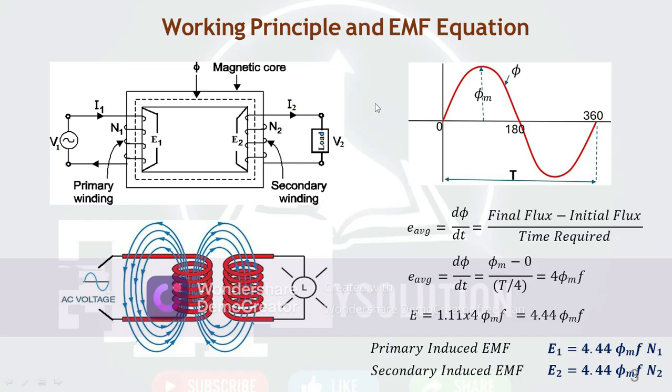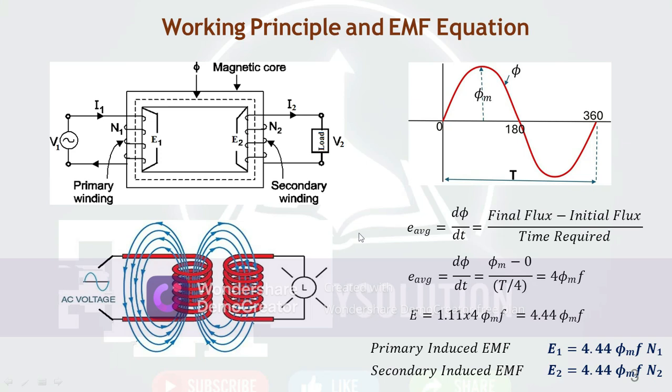Now we start the EMF voltage derivation in the primary or secondary winding. Here is the total period: the time required to complete one cycle is called the total time period.